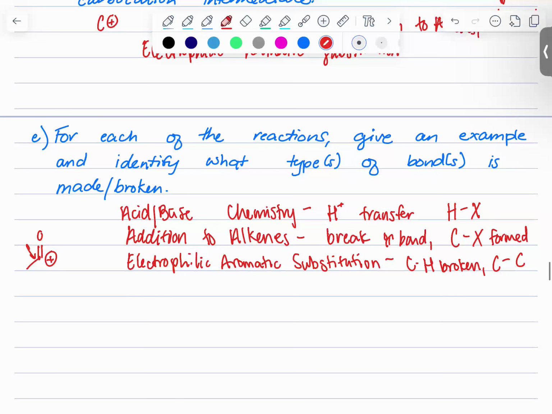So with nucleophilic substitution, what kind of bond will we break? Carbon to what?